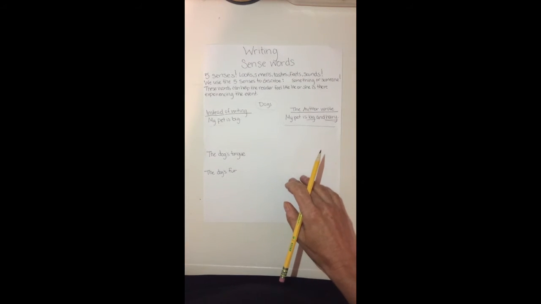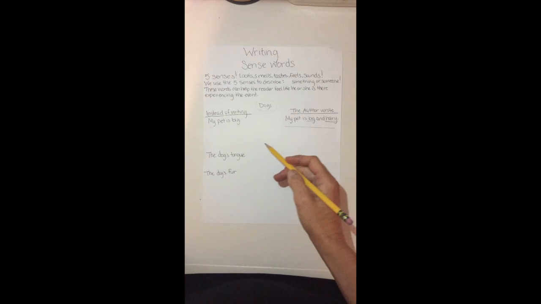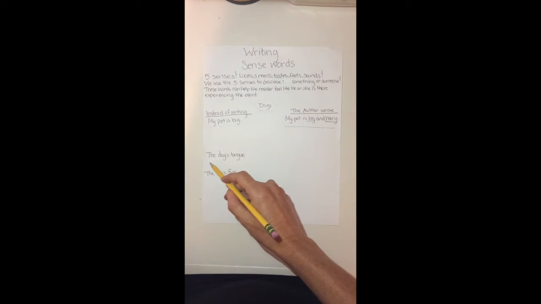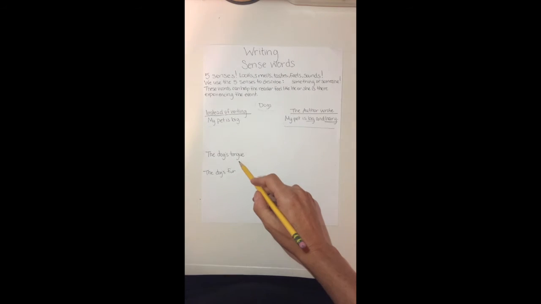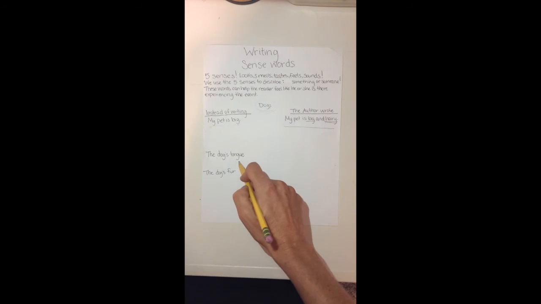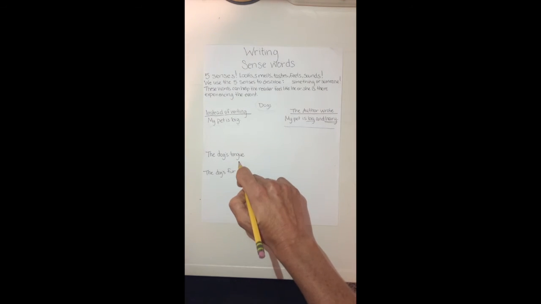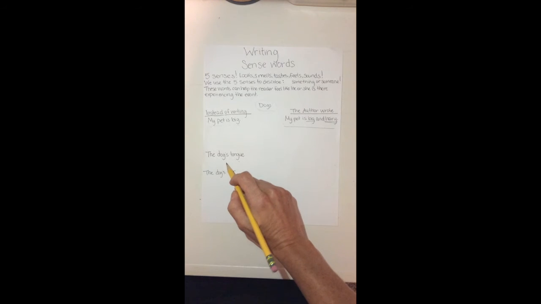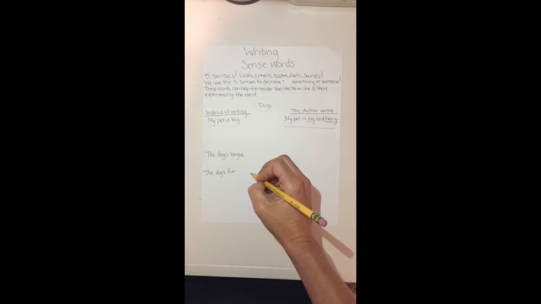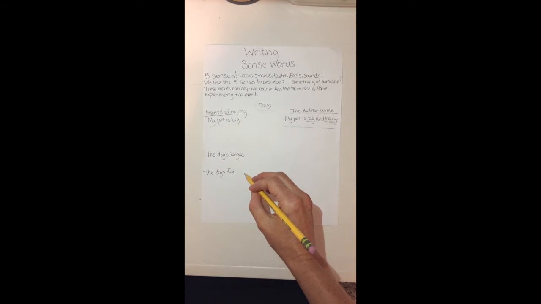You are able to do this yourself. There is a picture of the dog with just its tongue in our book on page 77. I have written down the dog's tongue. We are going to look at the picture on page 77.